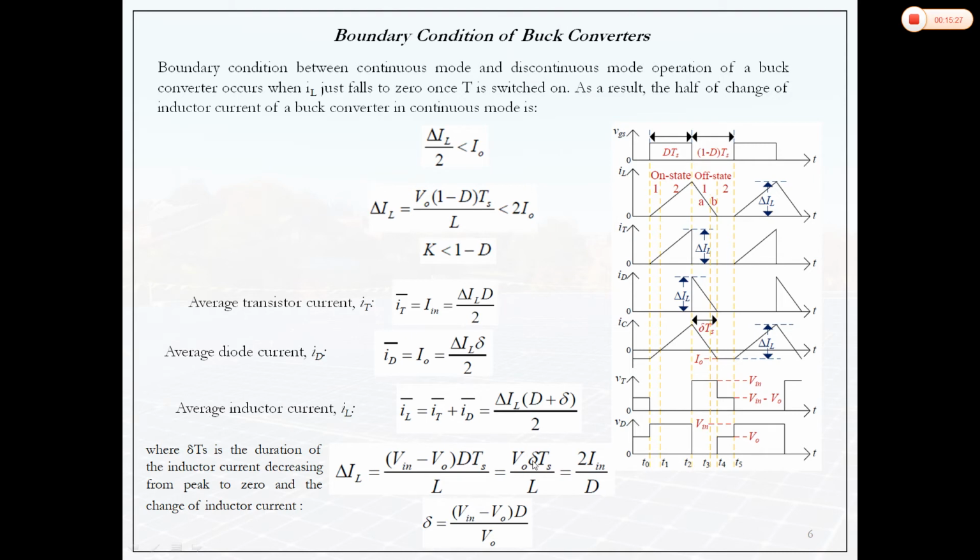So substitute here, these two ripple currents will be same. So based on that we can find what will be the delta value, that is V in minus VO times D upon V naught. So this is very important in all numerical problems, because first you have to find what is the delta value, then only you can proceed.